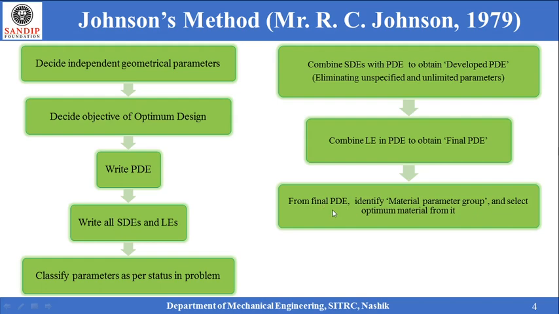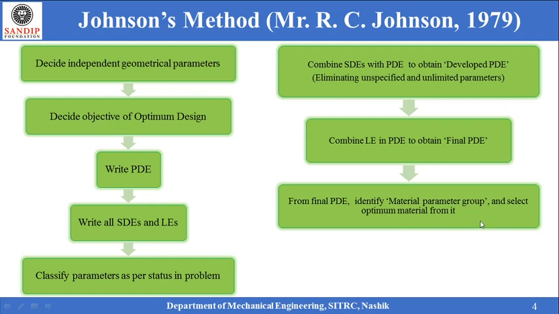Now you can imagine in final PDE, a lot of material parameters will be there. These material parameters are grouped together and they are called as material parameter group. Now the objective function directly depends upon this material parameter group, the value of this material parameter group. Now this value of material parameter group is calculated for all the candidate materials, which will directly help us to understand which is the optimum material to satisfy the objective of the design.